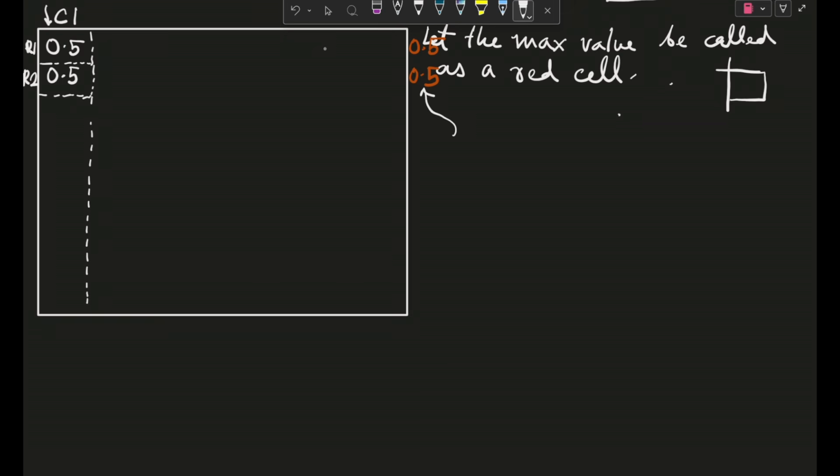Now if we move downwards, column 1 is already filled up with 0.5 and 0.5, so we can't fill anything here. We go to column 2 now and fill this one with 0.5 in R3 and R4.